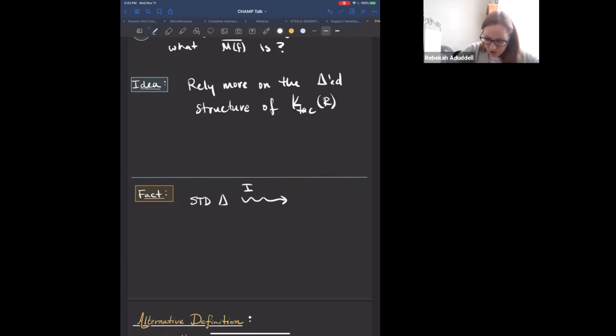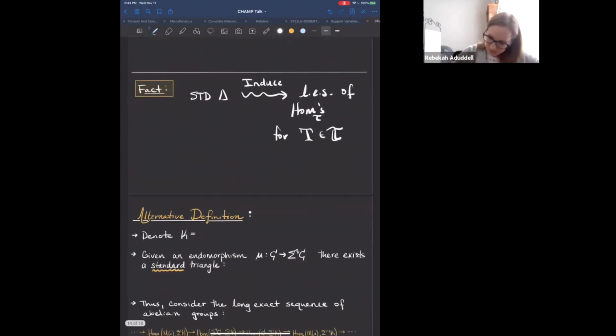Any standard triangle will induce a long exact sequence of homology over the triangulated category, and this is for each object in the triangulated category. This is the fact we're going to use to propose an alternative definition.